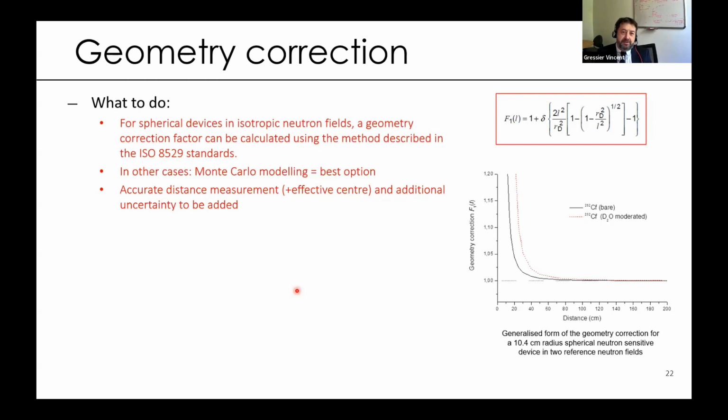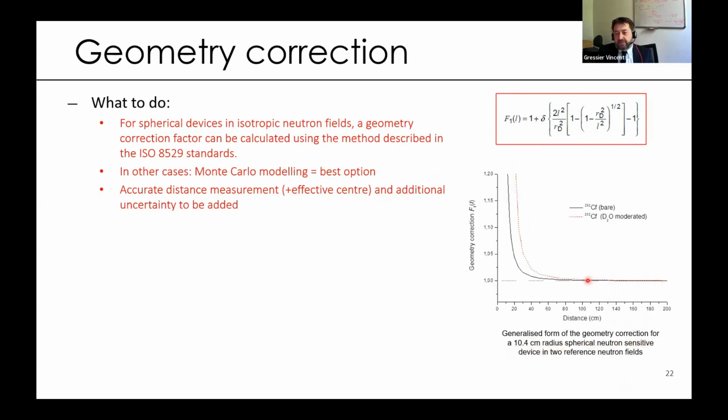If you have a spherical device and an isotropic neutron field, then the ISO standard can help you and give you a geometry correction factor that can be calculated using this formula. I will not go into details. This is an example of what it gives. For a californium source, it is the black line. You have a 10.4 centimeter radius spherical neutron-sensitive device.